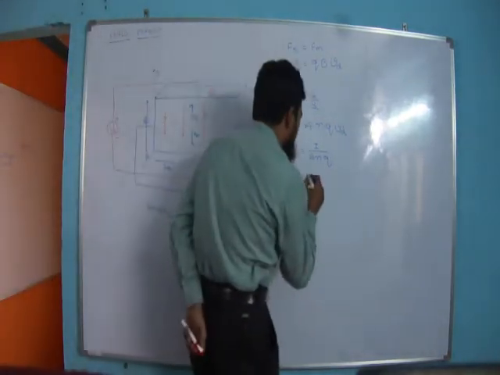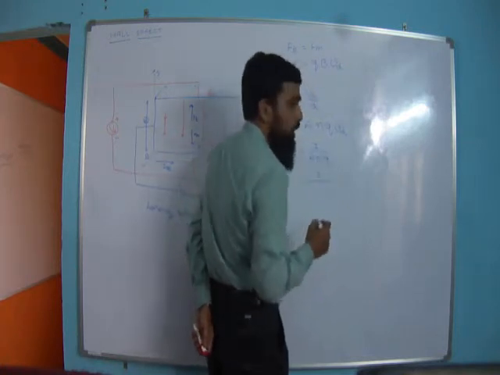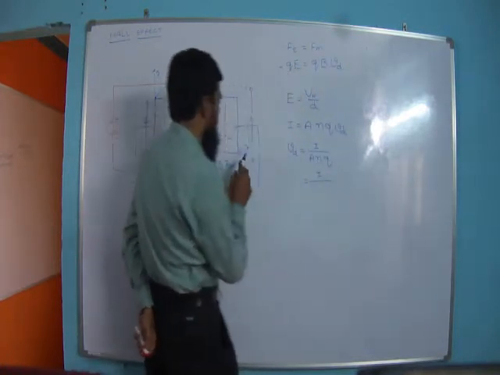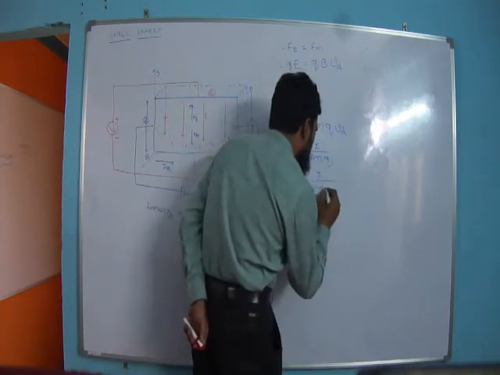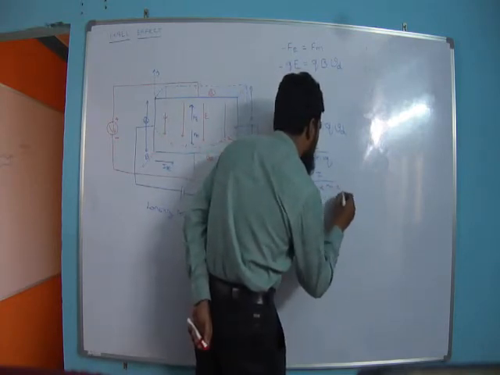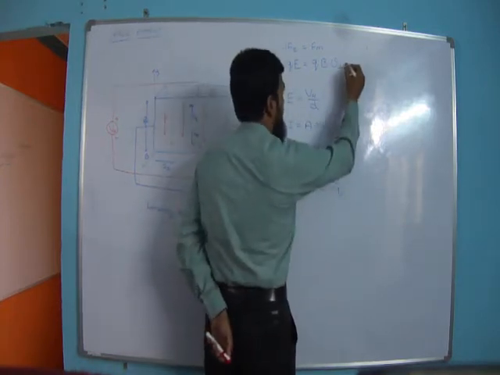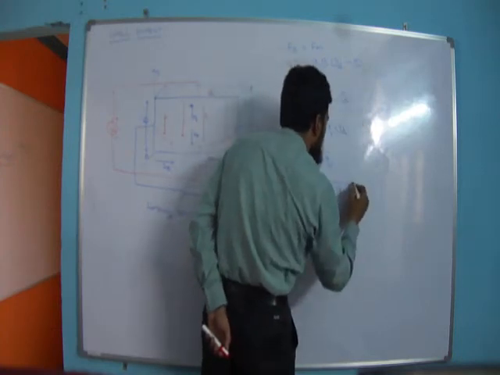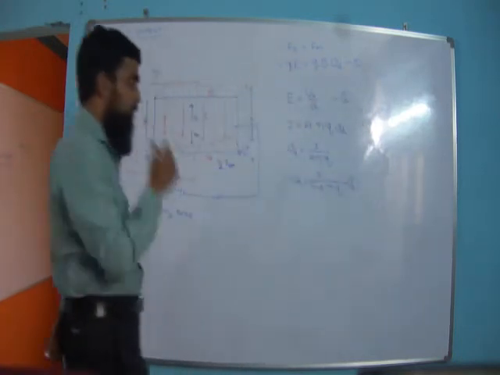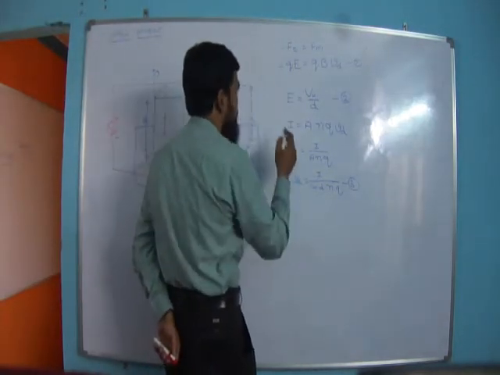Now the area can be written as W into D, so Vd is I by W D N Q. Let us say this is expression 1, expression 2 and expression 3. Just substitute.